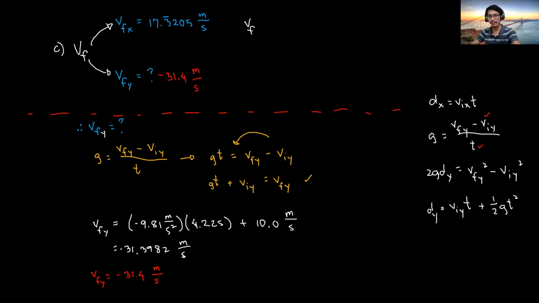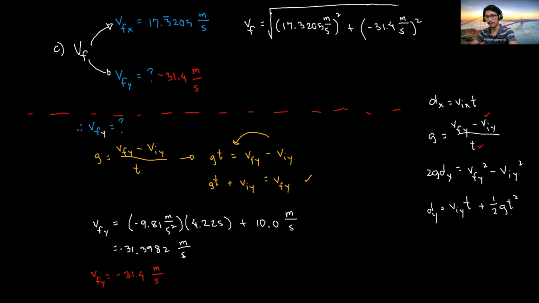So VF is equal to the square root of, this is x, so 17.3205 meters per second squared plus itong isa, negative 31.4 meters per second squared. And that will give us pila.